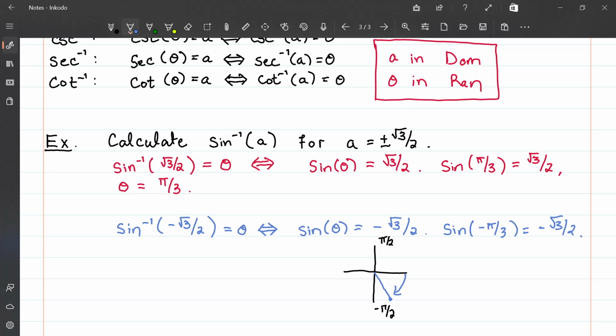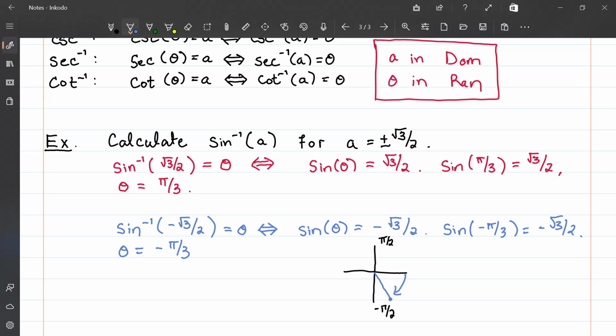Because of that, and because, kind of like last time, if you start checking around, you find out that there is no other angle between negative pi over 2 and pi over 2 that gives me this result, it must be that theta must be negative pi over 3. Or in other words, arc sine of negative root 3 over 2 is equal to negative pi over 3.